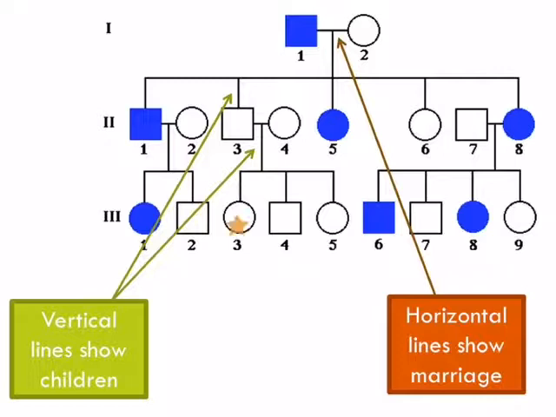And persons 3, 4, and 5 in generation 3 are children of the parents in generation 2, person number 3 and number 4. You see when you draw this that the line for the children comes from the marriage between the 2, so it makes a T-shaped line. The line for the children does not ever come down from just one parent, because it takes 2 parents to make a child.